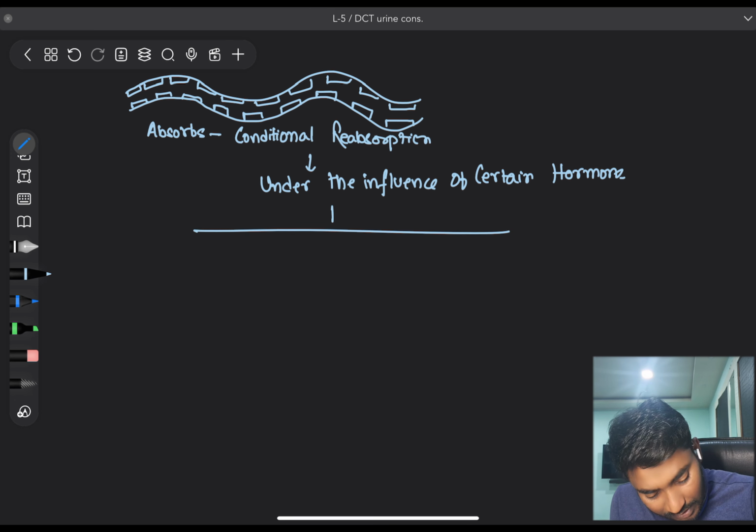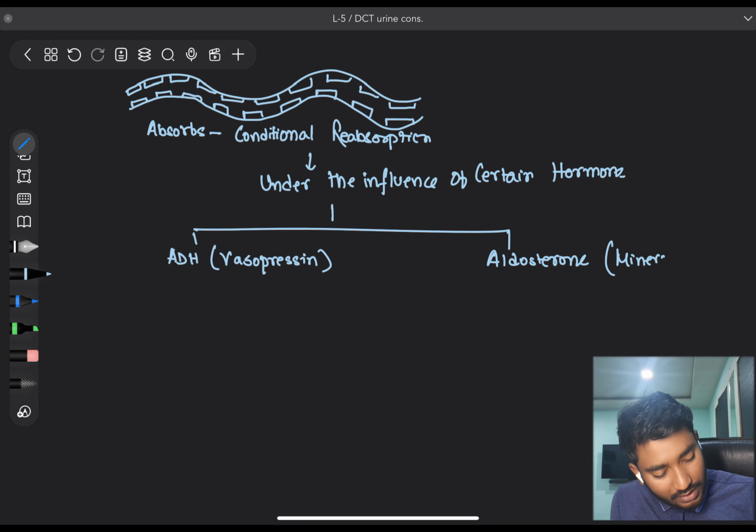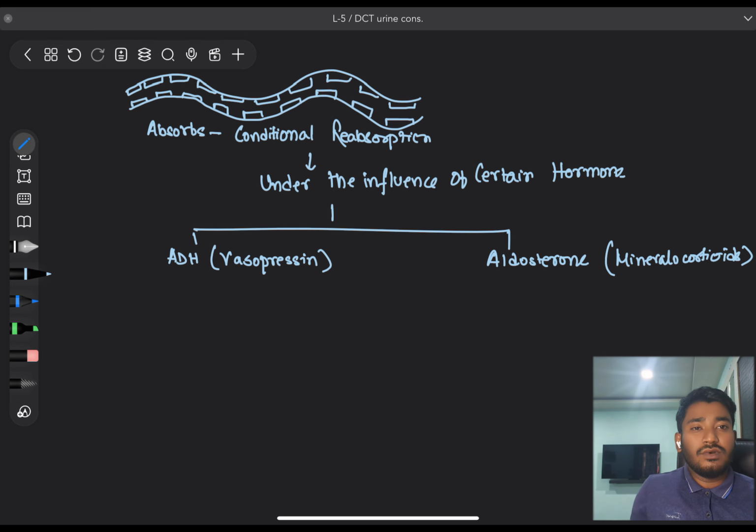The hormones are the ADH, that is the vasopressin, and another is the aldosterone. It is a mineralocorticoid. It's a steroidal hormone. Okay, so under the influence of these two hormones, the ADH and the aldosterone, the conditional reabsorption happens in the DCT.